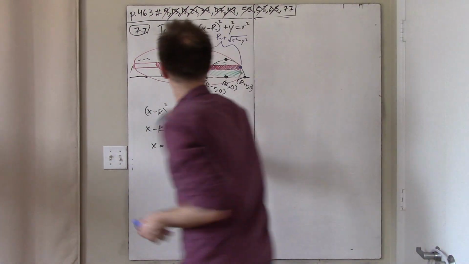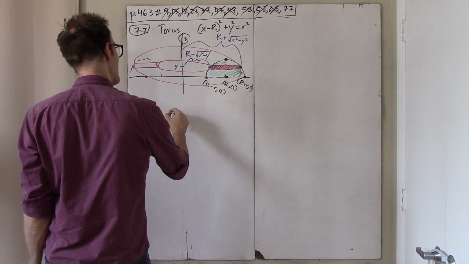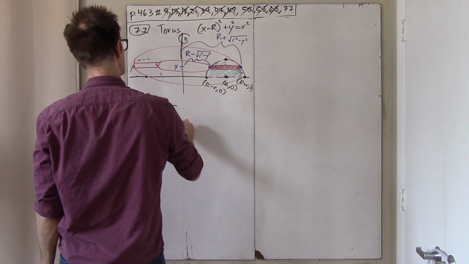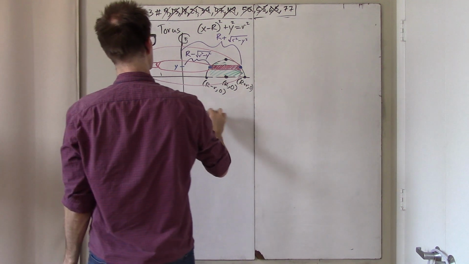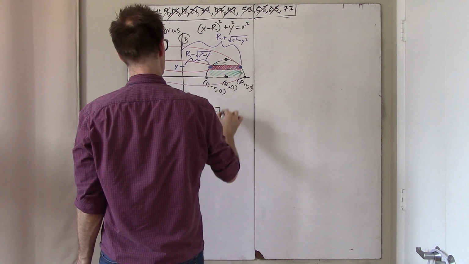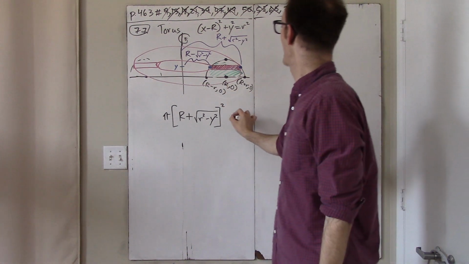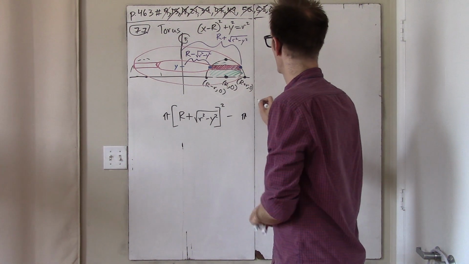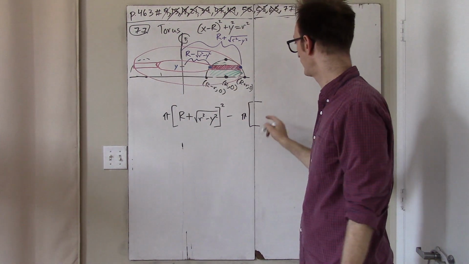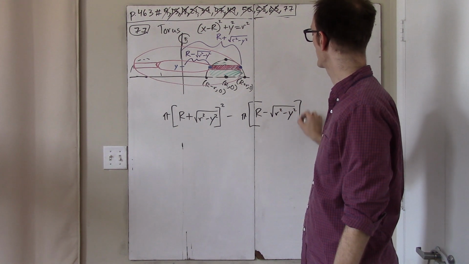Maybe I want to write it this way. I'm going to take pi times the outer radius, so that is R plus root r squared minus y squared, squared. That's the area of the large circle, minus pi times the area of the inner circle, which is big R minus root r squared minus y squared, squared.